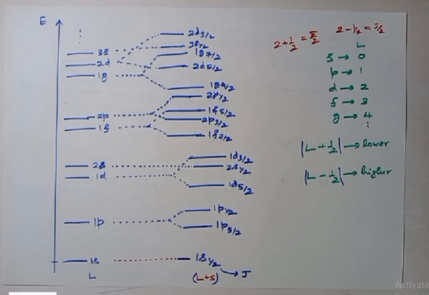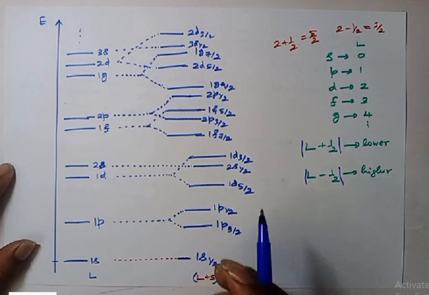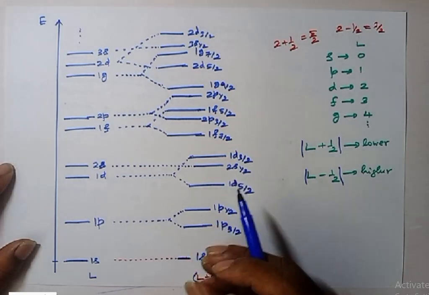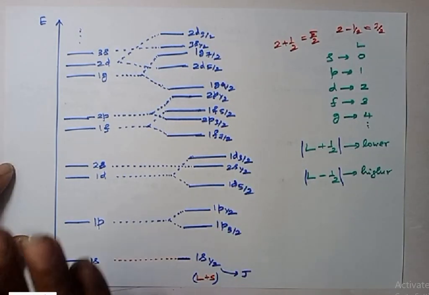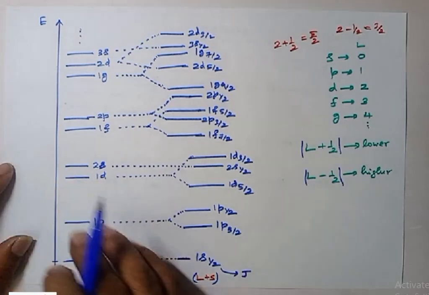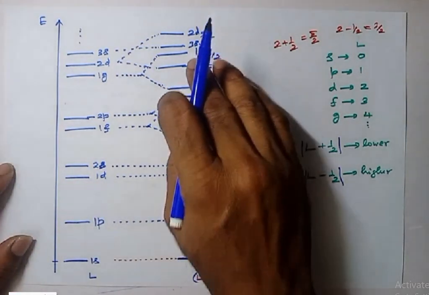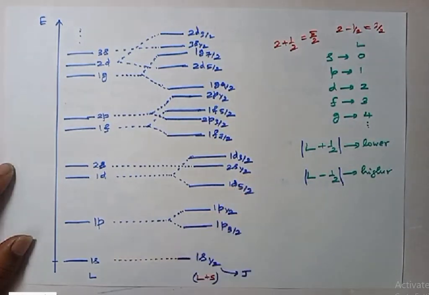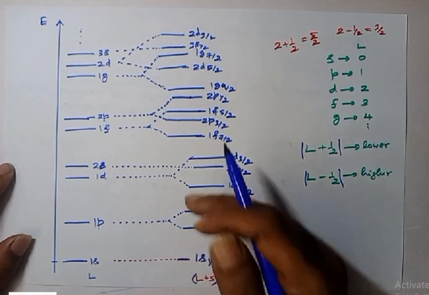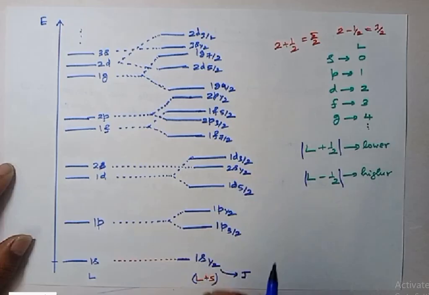Listen. In each of these levels, how many nucleons can we place? Participants, observe carefully. These are all the levels we get after LS coupling, and in each level we can place some number of nucleons.